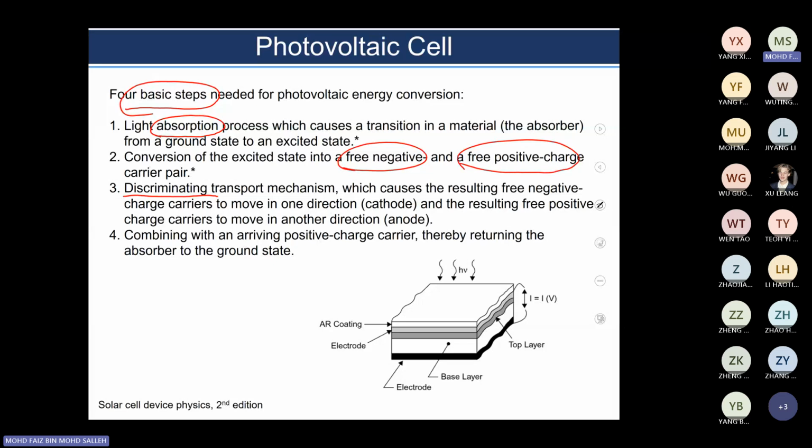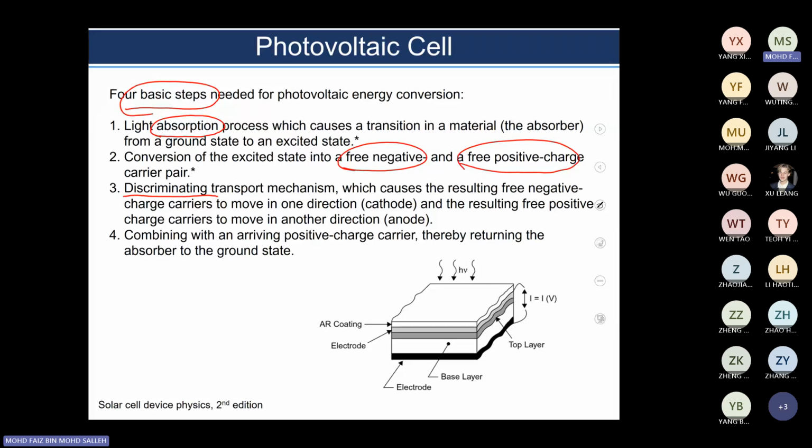You need some more energy to make them move around. So that is number 3, the discriminating mechanism for the free electrons and free holes.